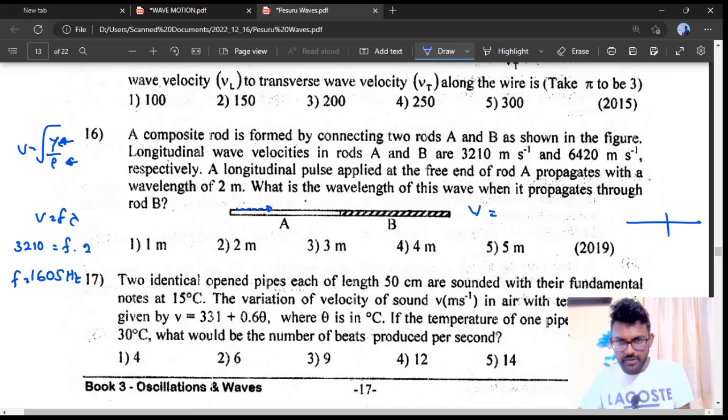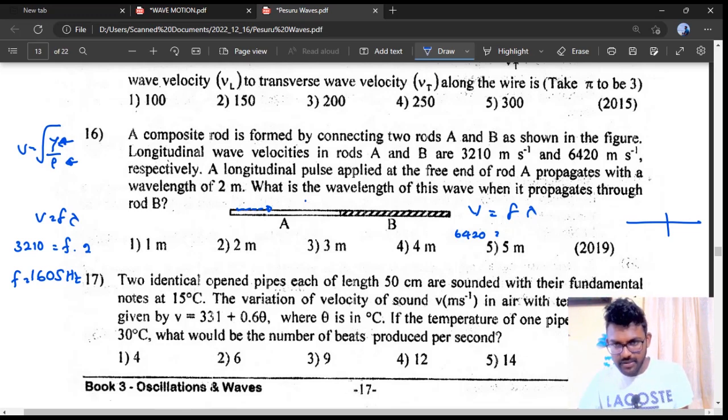Okay, so we have the velocity here, 6,420, which equals f lambda. So what's the frequency? Same as before. You can just substitute 1605 and get lambda.